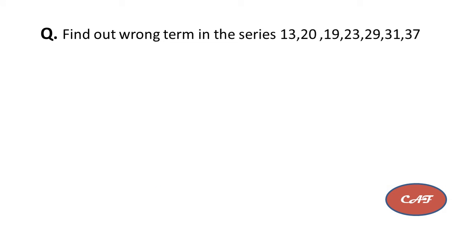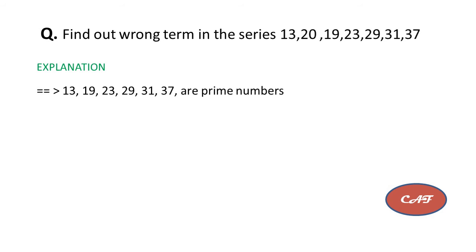Next question. Find out the wrong term in the series. The series given is 13, 20, 19, 23, 29, 31, 37. So if you observe carefully, all are prime numbers except 20. See once again: 13, 19, 23, 29, 31, 37.